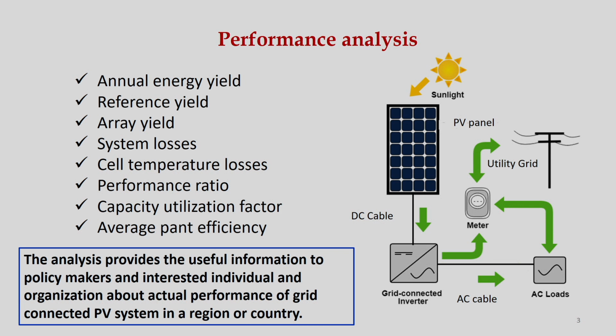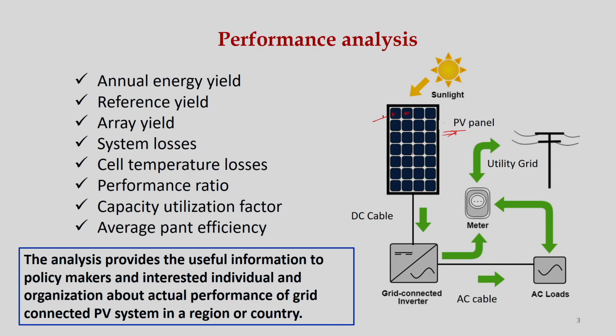Okay? Now, look into this grid connected PV system layout. Here we will have solar PV panels, these are the modules. Many modules are connected to form a panel, and if we connect many panels then it becomes an array.